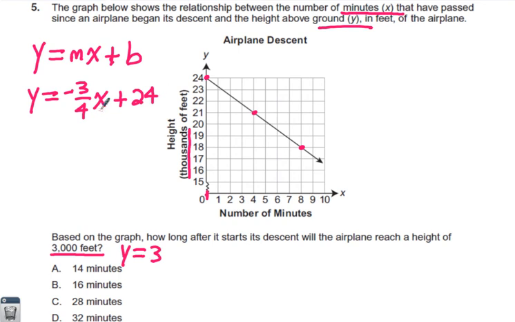Like, how many minutes would it take for my Y value to equal 3? So as I said, I'm going to say -3 over 4 instead of -3,000. And I'm going to use 24 instead of 24,000. And so over here, I can just plug in 3 rather than 3,000. And now I just need to solve for X.